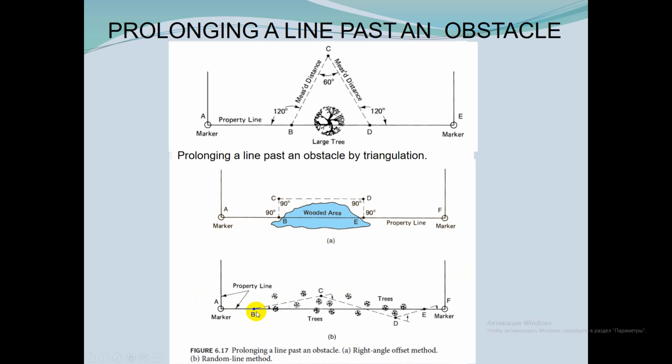The distance AF is the sum of AB, EF, and the result of BE.